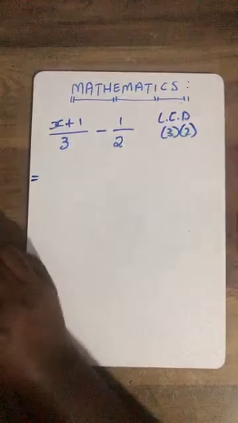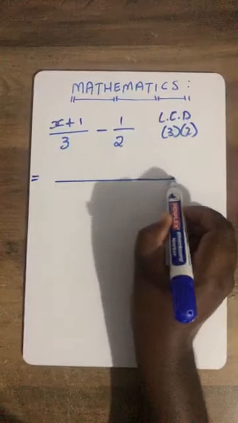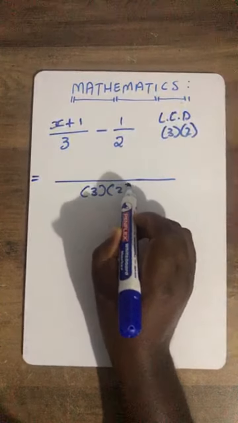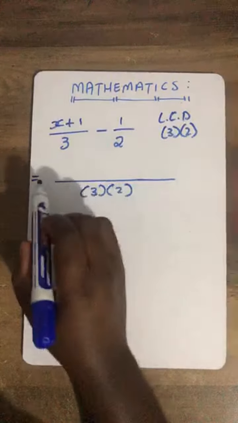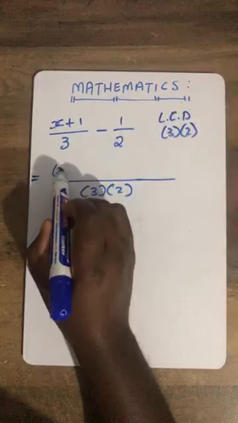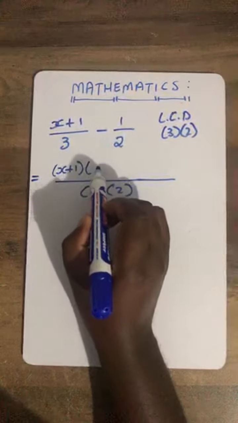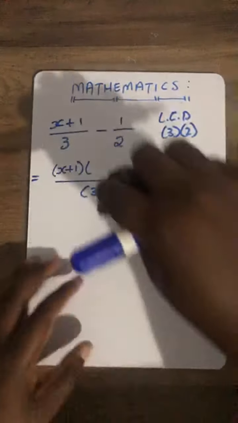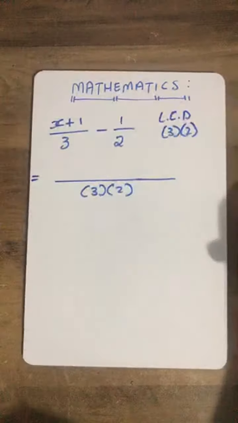So that would mean there you have your LCD being 3 and then 2. So now it's like you have your x plus 1 that you are going to multiply. Wait. It's x plus 1 over 3. You see now, almost made a big common mistake.